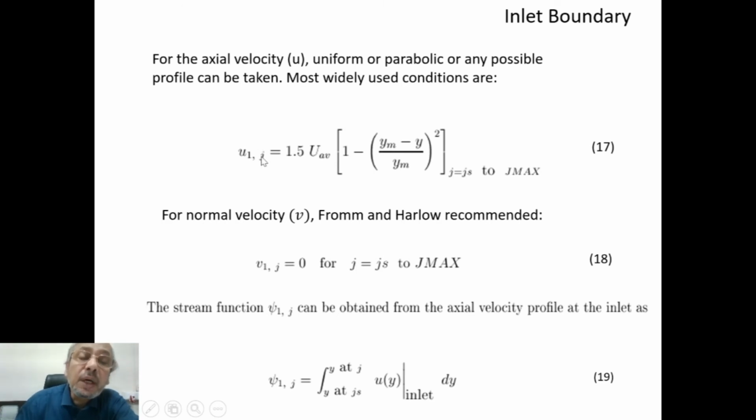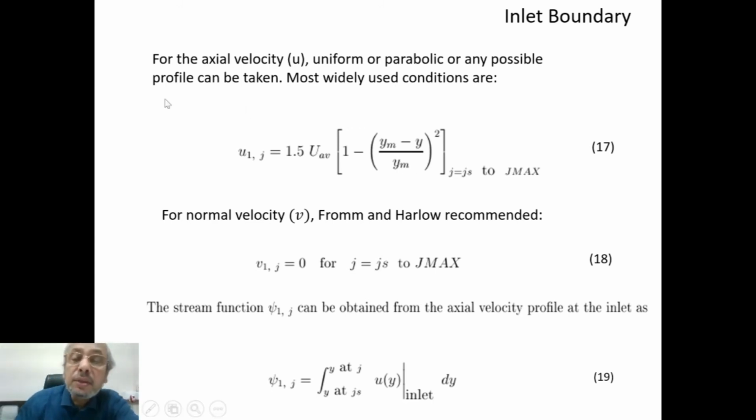J is a variable which is varying, equal to 1.5 for the channel flows into u∞, twice your u average, times 1 minus (y by ym) squared. This ym means up to the middle of the channel, right?